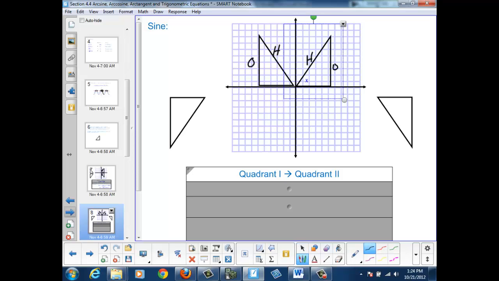Now, the relationship between my original angle x and my new angle to create the second reference triangle is that they are supplementary, because this is also x. So to achieve my second angle, I would take 180 minus x to find this second angle, theta 2.